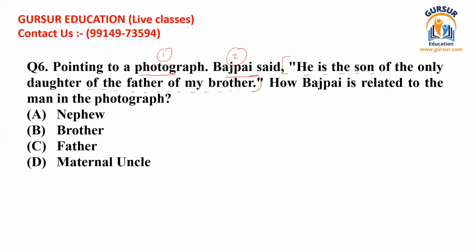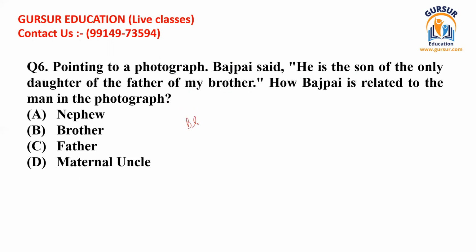It seems very complicated, but making a relationship map is very easy for these kinds of situations. This statement is followed by a question: how is Bajpai related to the man in the photograph?